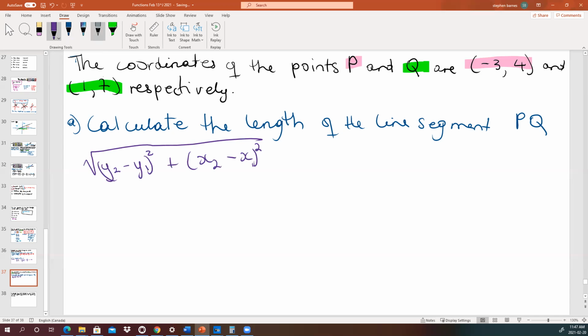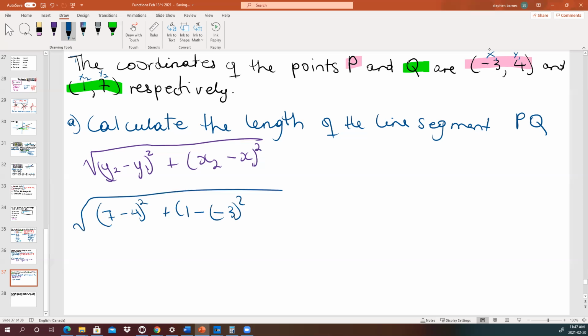So we know what the x's and the y's are. The first one is x1, y1. So this would be x2, and this is y2. So y2 minus y1 is 7 minus 4, squared, plus x2 is 1 minus 3, all squared, right?